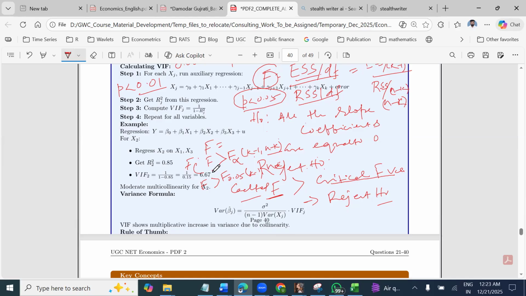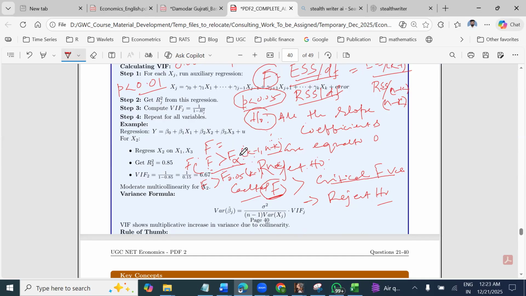Based on my F value, can I reject my null hypothesis? How will I know if my F is greater than the critical F? From the p value directly. A p value less than 0.05 or 0.01 means my calculated F value is greater than my critical F value.